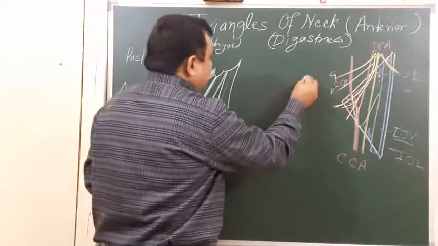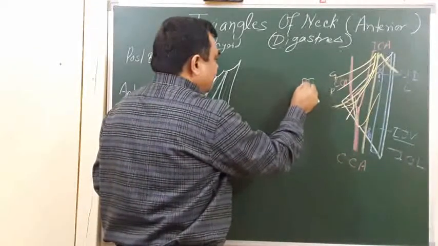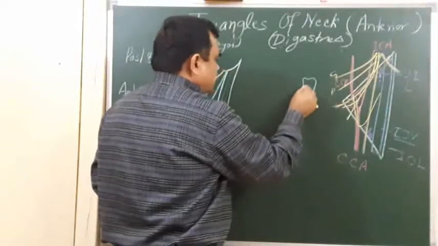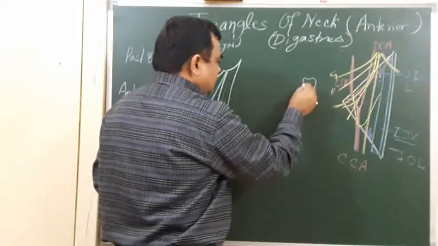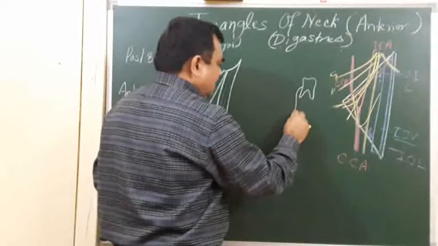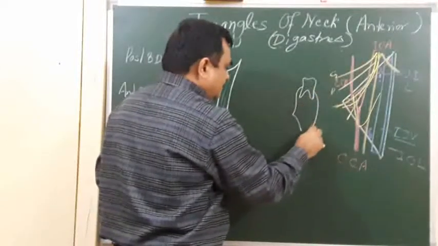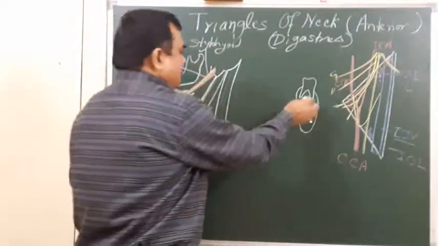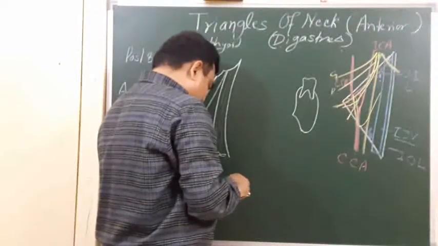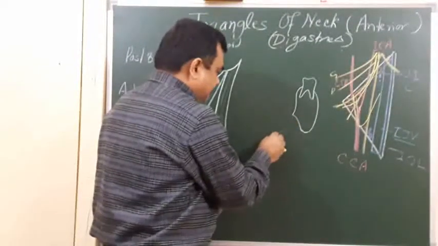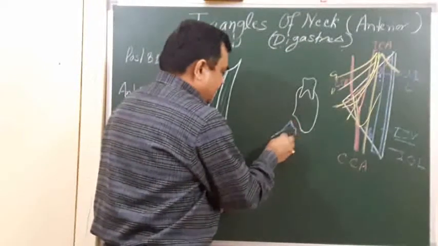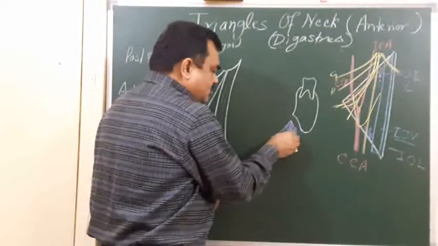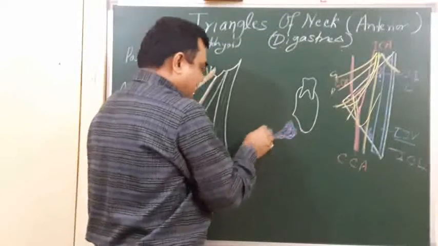You will find here the mandible, here the section, and here is the superficial part of the submandibular salivary gland.